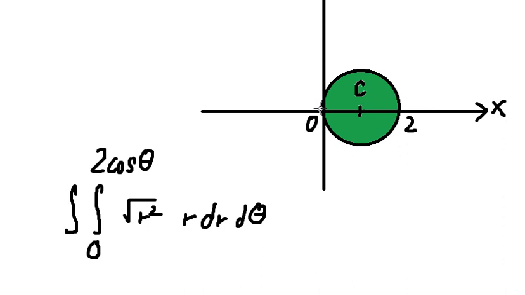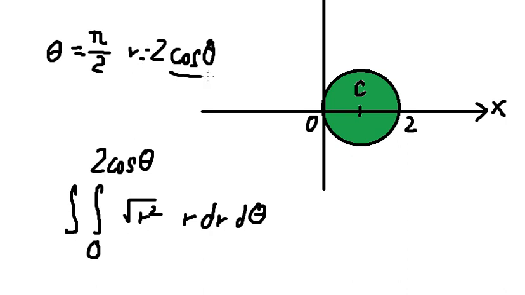So if you want to get number 0 in here, theta should be pi over 2, because we put pi over 2 go to this one. So I will put r equals number 2 cosine theta. So number 0, that is theta equals number 0, we got r equals number 2. So number 2 should be in here.